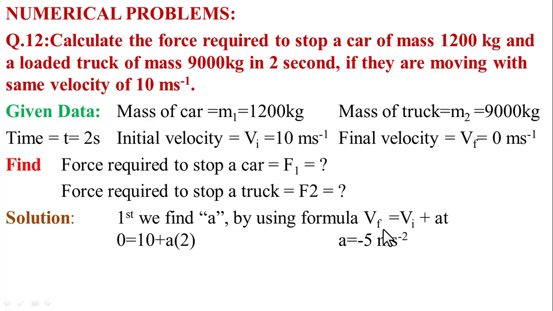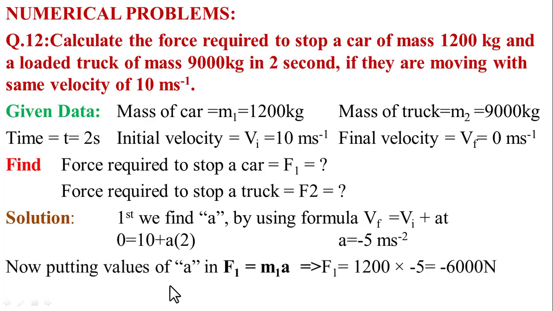Putting the values, Vf is equal to 0, Vi is equal to 10, and t is 2 seconds. So 0 is equal to 10 plus 2 into a. Then acceleration a is equal to minus 5 meter per second square, and the negative sign shows the deceleration or negative acceleration.